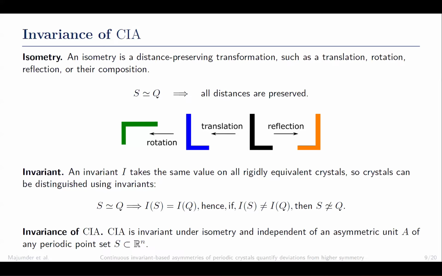An invariant is defined as a function which takes the same value on all rigidly equivalent crystals, so crystals can be distinguished using invariants. CIA is invariant under isometry and independent of the asymmetric unit of any periodic point set.